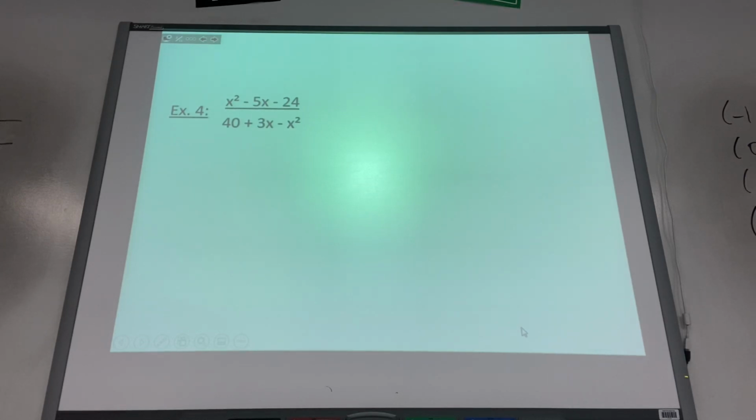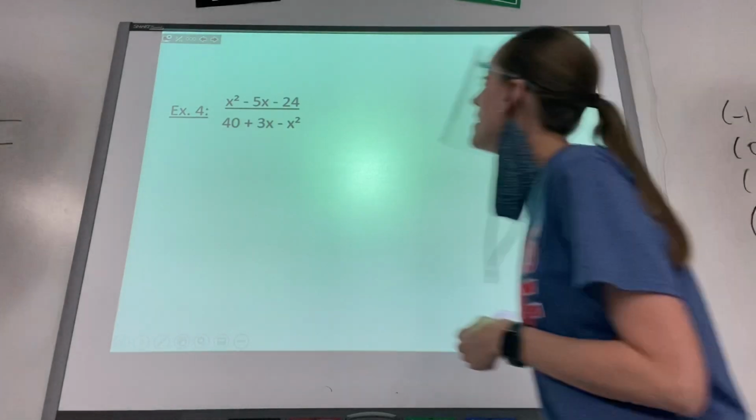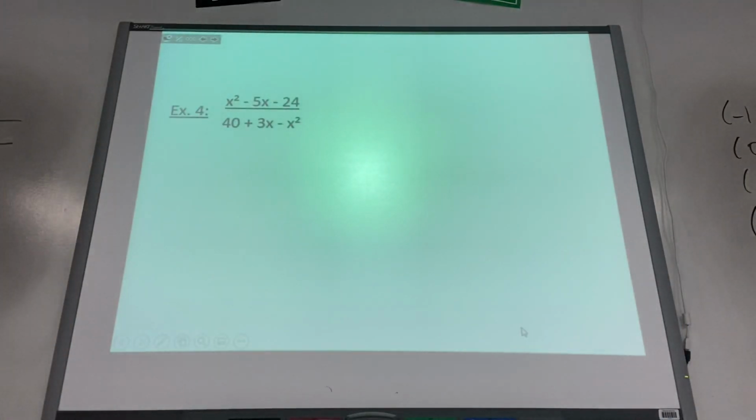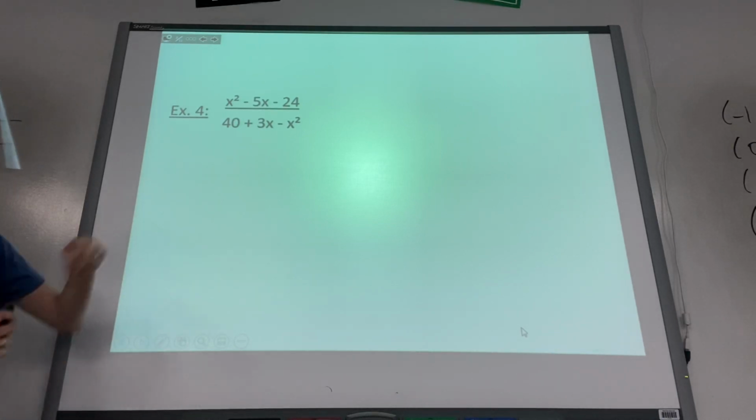X squared minus 5x minus 24, and we are dividing that by 40 plus 3x minus x squared. Interesting.